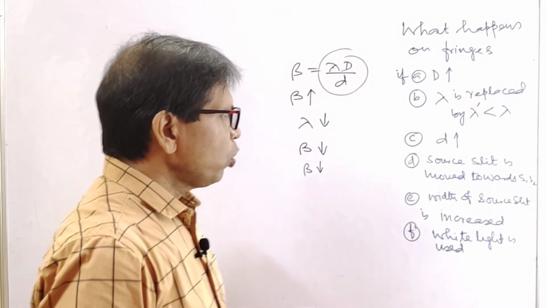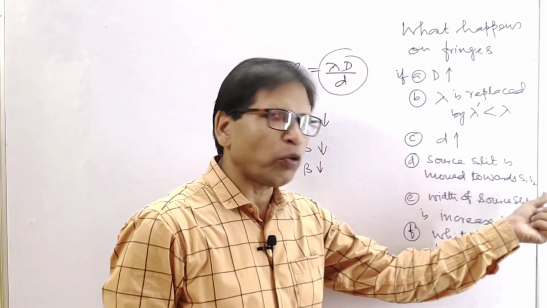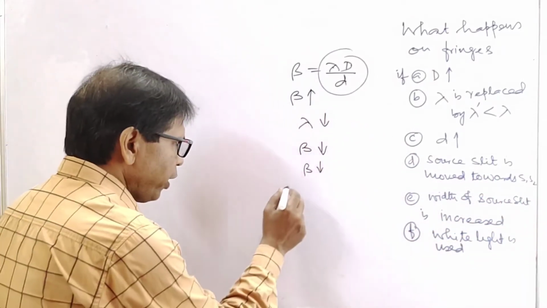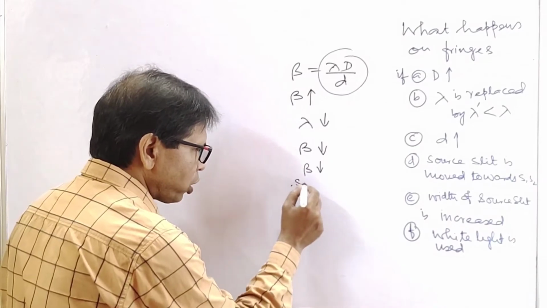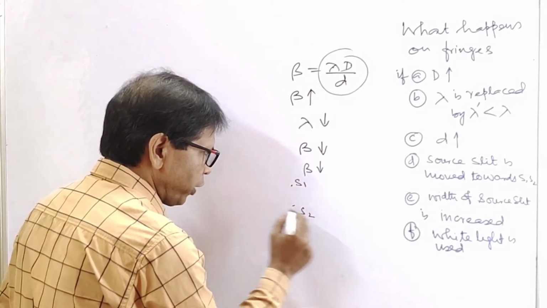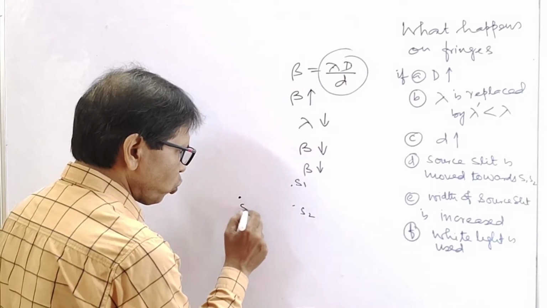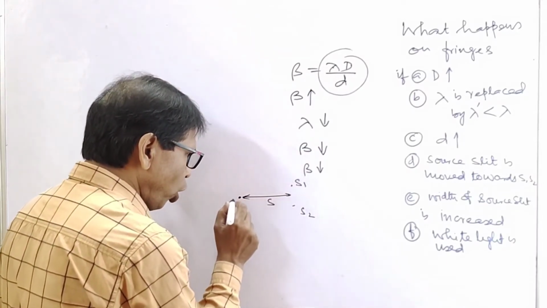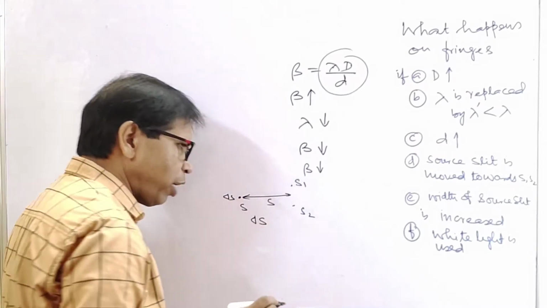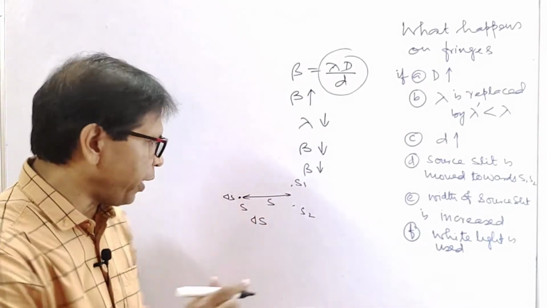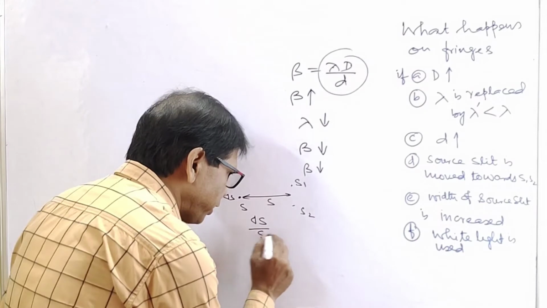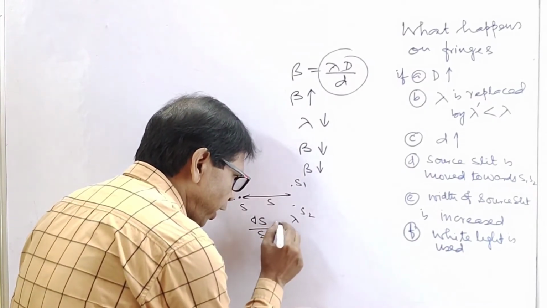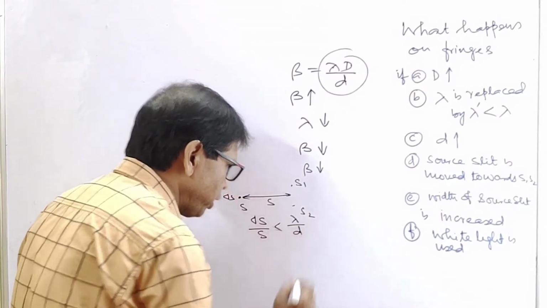Now the source slit is moved towards S1, S2. Look at this, if this is the source, and these are the two slits S1, S2, and this distance is capital S and the width of the source is delta S, then for the condition of interference, delta S by S should be less than lambda by d.